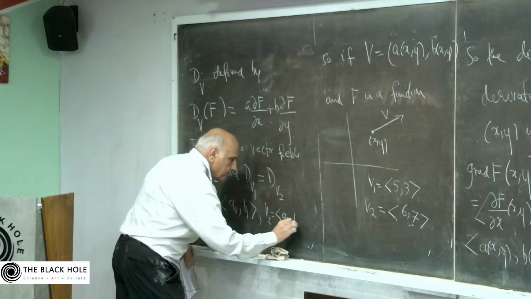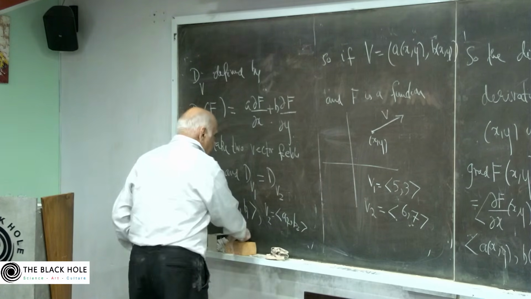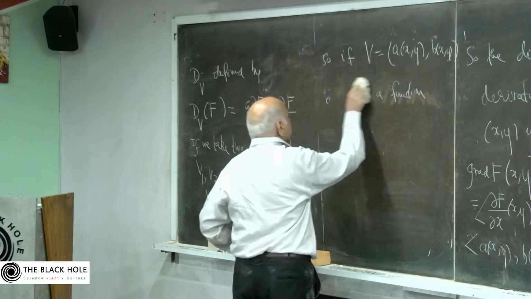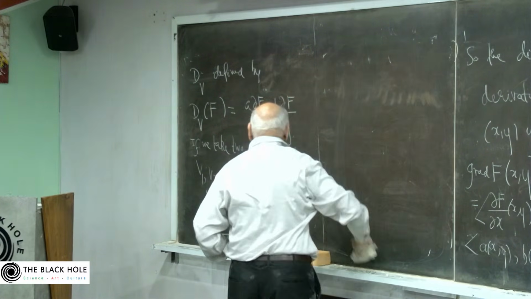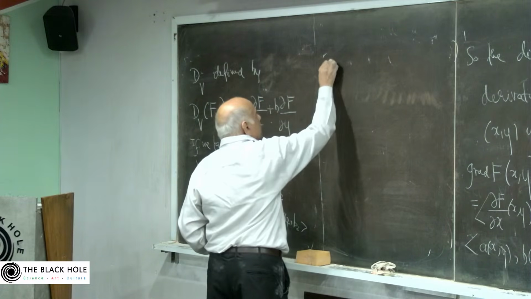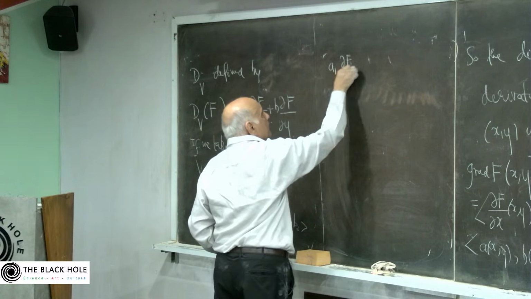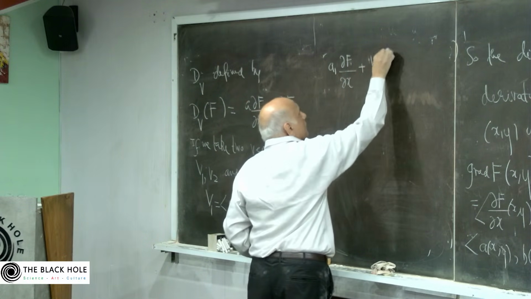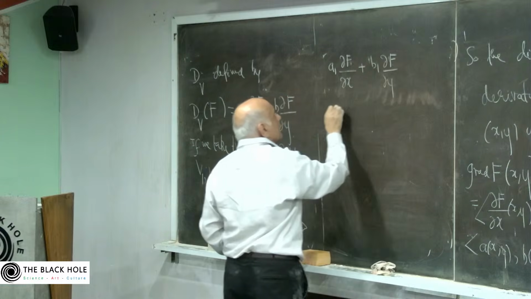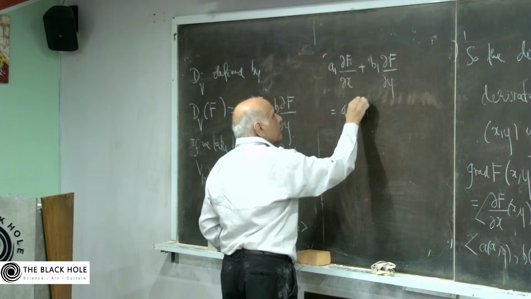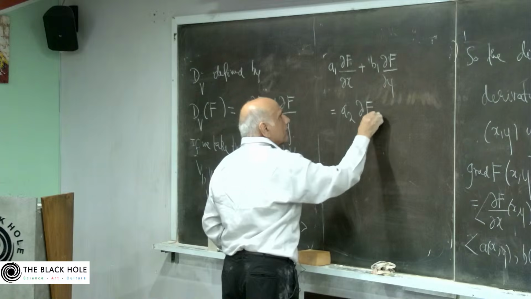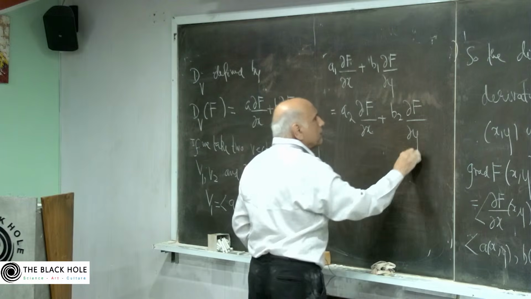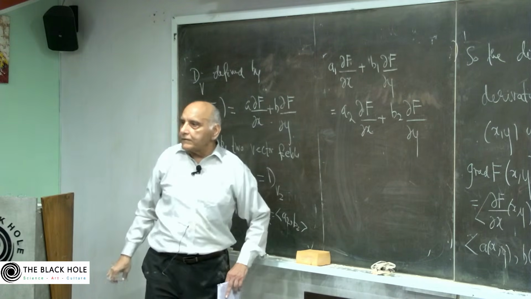So this statement means that A1 partial f by partial x plus B1 partial f by partial y is equal to A2 partial f by partial x plus B2 partial f by partial y for all functions of x and y.